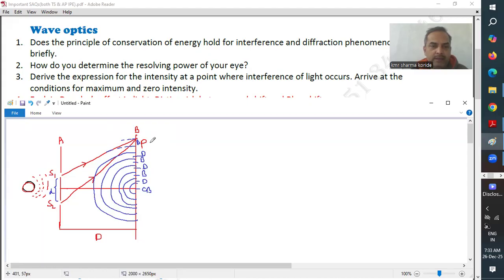Now let us see, there are two sources in the form of two slits.